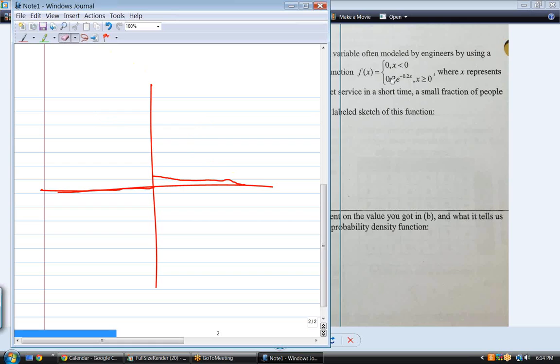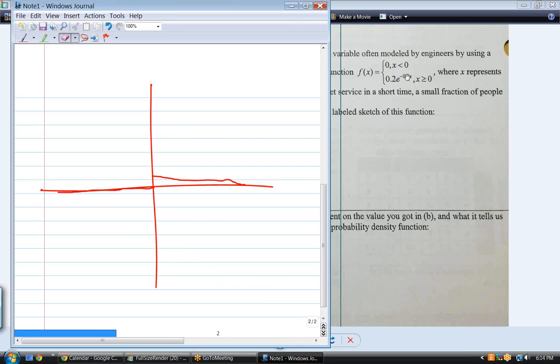Yes. Furthermore, that 0.2 there is a vertical shrink factor. So it would take something that looks like this and make it look like that. That's what a vertical shrink on an exponential is going to do.